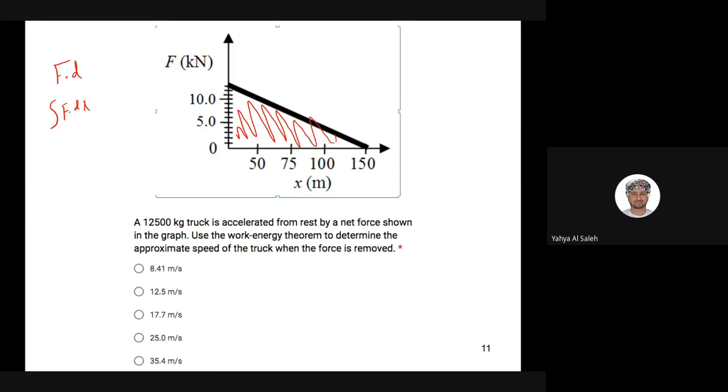The area underneath the graph is the work done, which is equal to the kinetic energy gained.